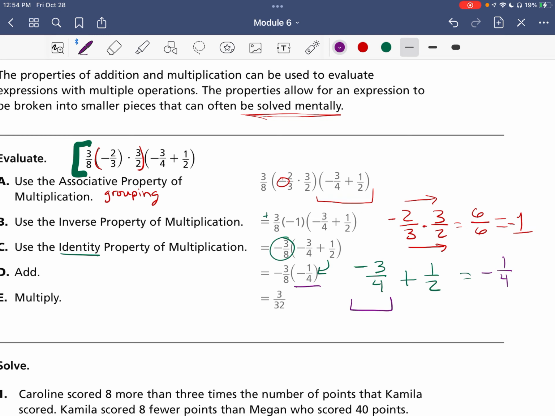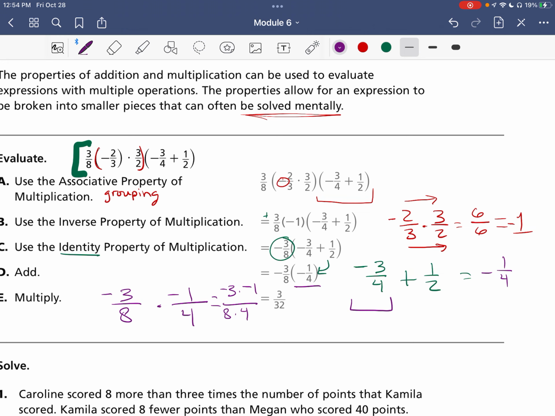And then we've got to multiply. So we are at -3/8 times -1/4. In our numerator, we have -3 times -1, and in our denominator, we have 8 times 4.